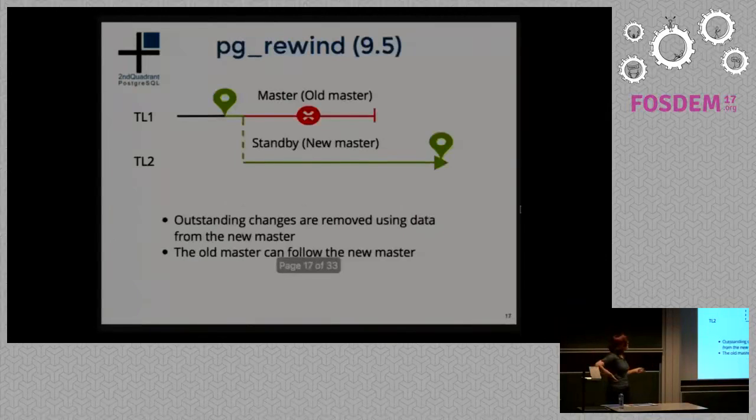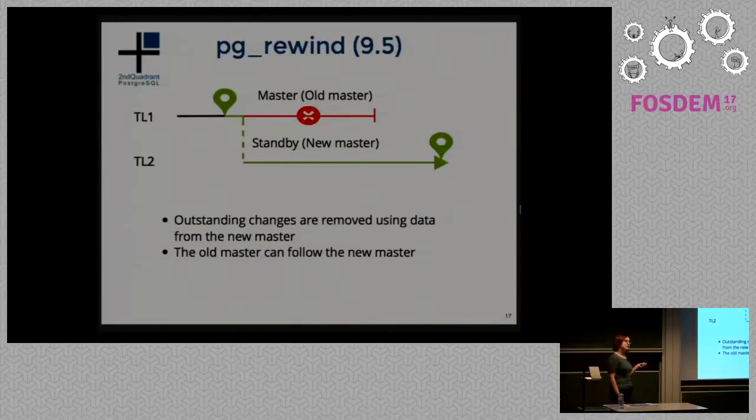And what pg_rewind does is this: this tool has been helping us since 9.5. There are still outstanding changes, and it is more useful in the case of failover, for example. What does it do? It first checks the WAL files in the old master.